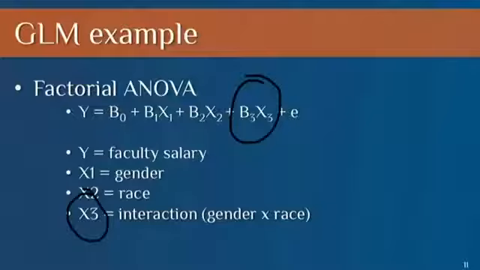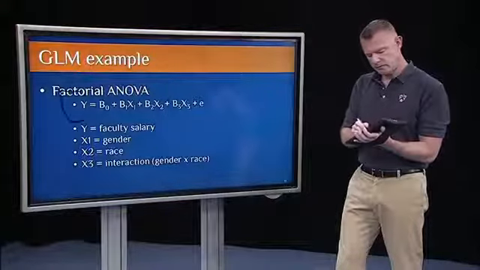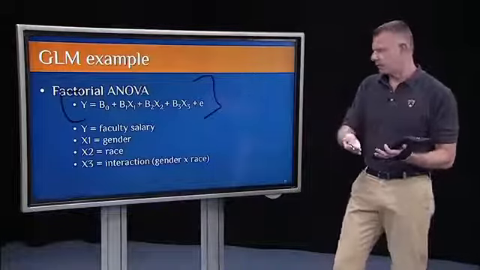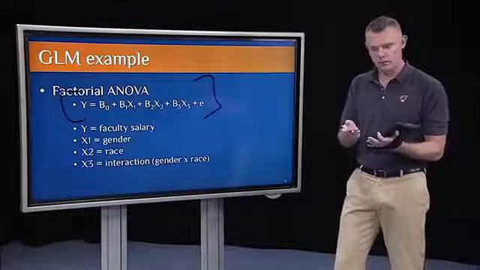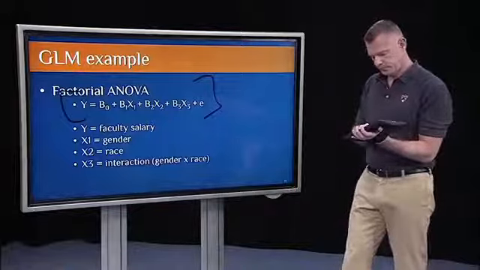Does that interaction effect predict faculty salary? Again, notice the GLM itself is linear and additive, and it's just handling categorical predictors here, and that's why it's an ANOVA, and it's a factorial ANOVA because we have multiple predictors.